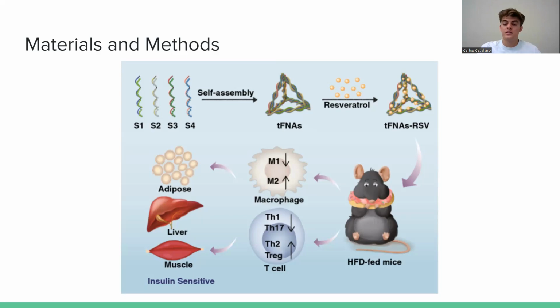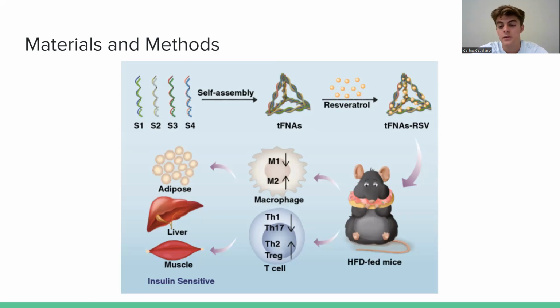One group was injected with normal saline as a sort of control, and the other group was injected with the tFNA solution that they had made prior to the start of these diets. The normal diet group, as I said before, was used as the control.